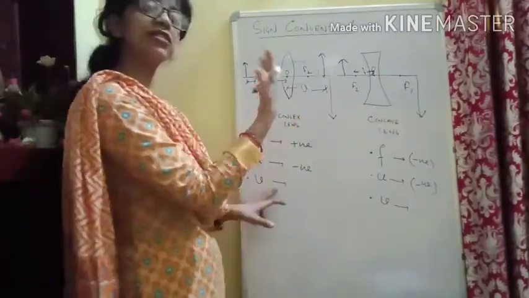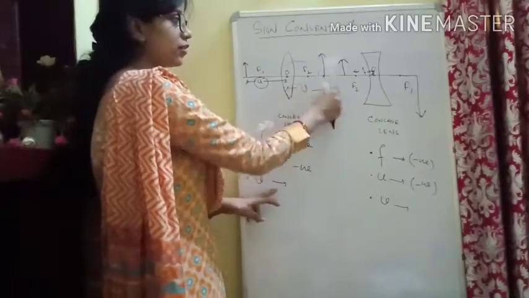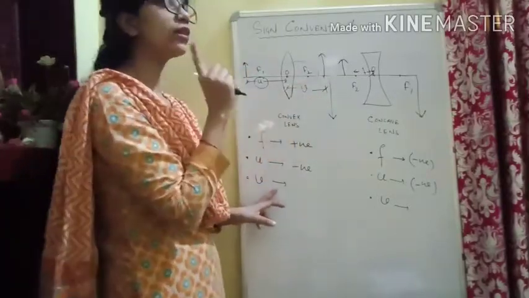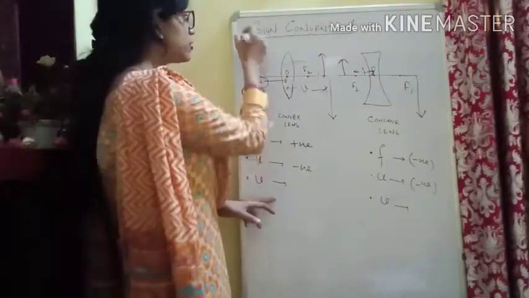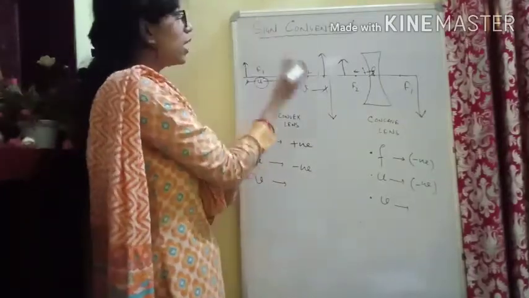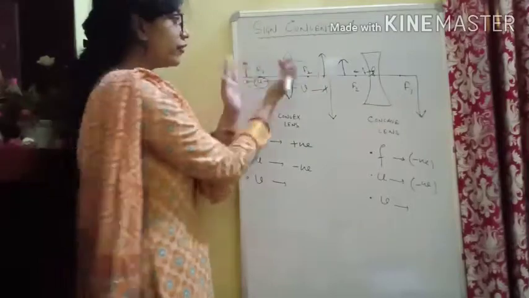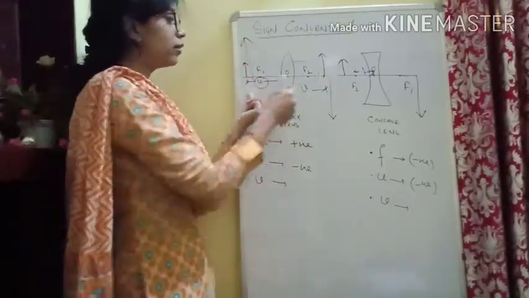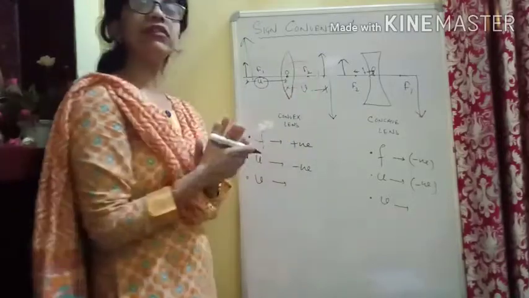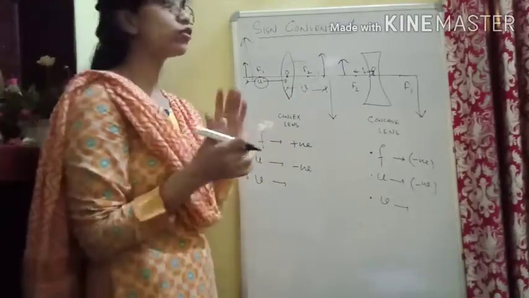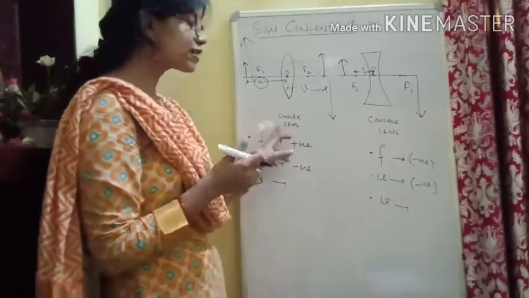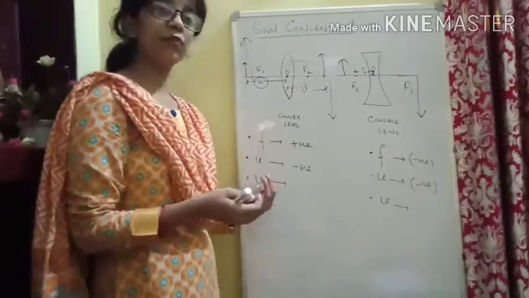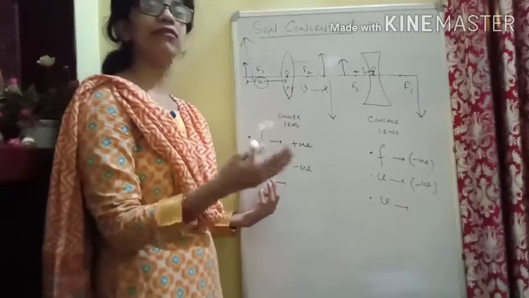That means if the image is on the right hand side, the distance of the image will be taken as positive. And there was the last case, where the image formed was virtual and it was on the left hand side. If the image is formed on the left hand side, then the sign of v will be taken as negative. So in case of a convex lens, depending upon the formation of image, sometimes we take v positive and sometimes we take v negative.